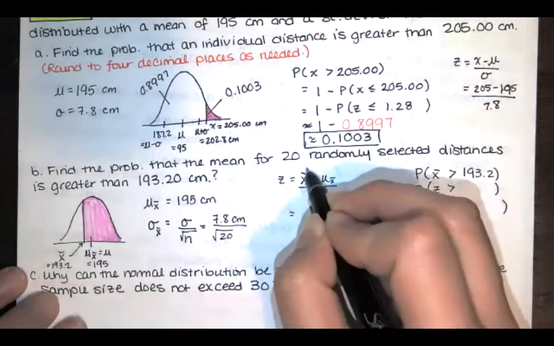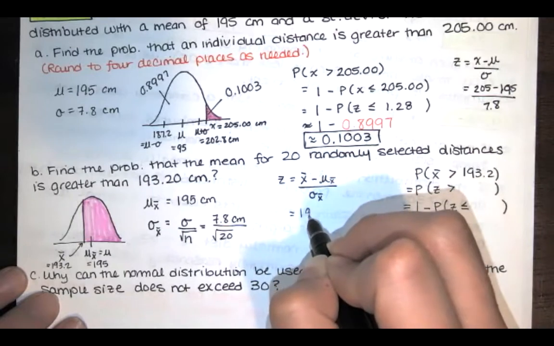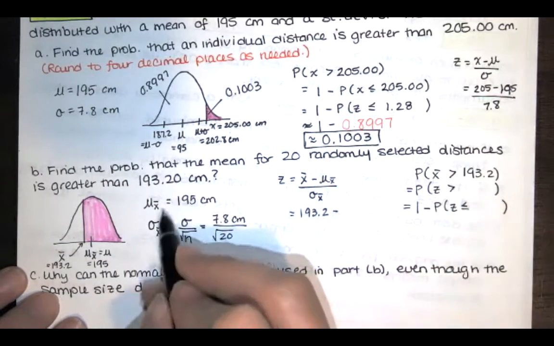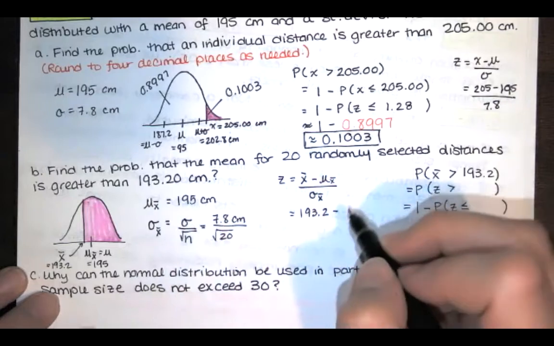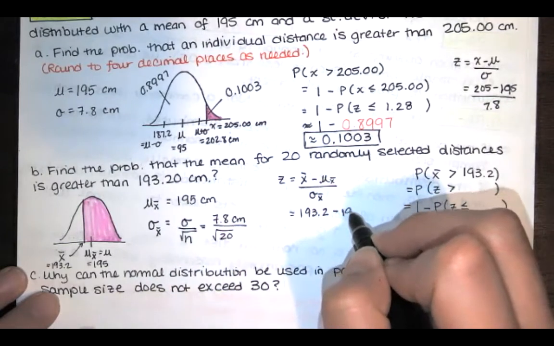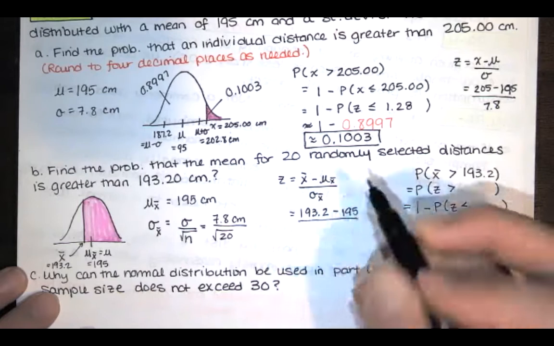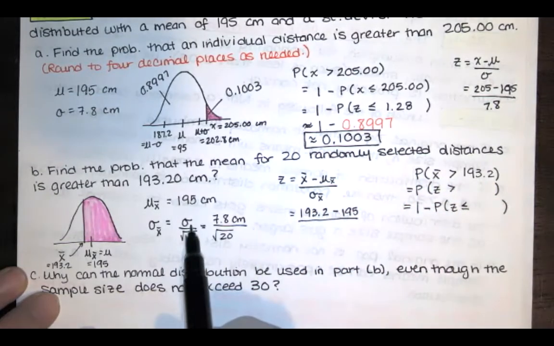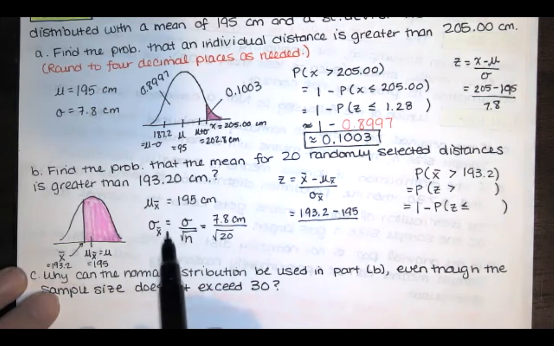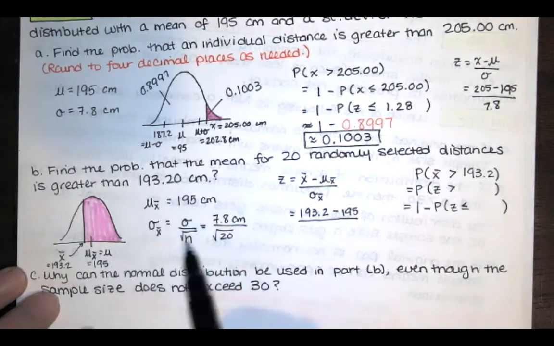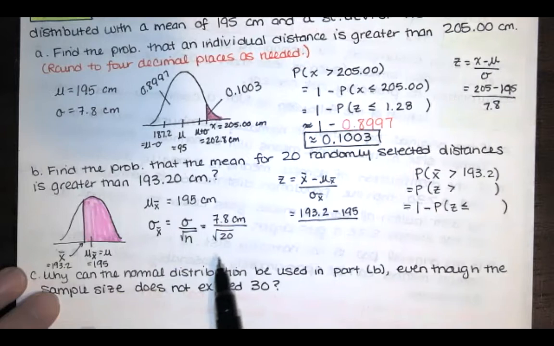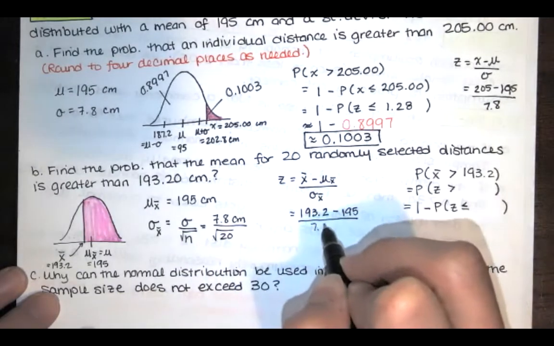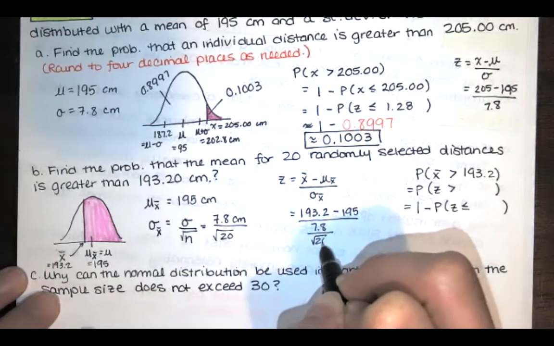Or alternatively, we're just going to take X bar, which is that 193.2, and we're subtracting the mean of the sample means, which happens to be the same as the population mean, that 195, and we'll divide by not the standard deviation of the population, but the standard deviation of the sample means, the population of sample means, which is given by the population standard deviation for the original population divided by the square root of the sample size. So we'll have the 7.8 here, and we're dividing by the square root of 20.